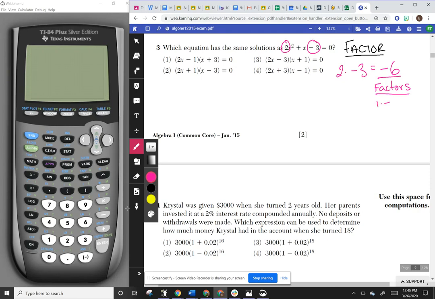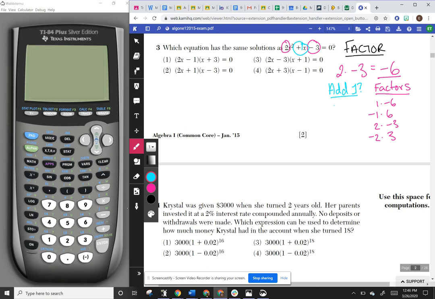So 1 times negative 6, negative 1 times positive 6, 2 times negative 3, negative 2 times positive 3. We want to find which factors add to the coefficient here, which is an imaginary 1. So what adds to 1?